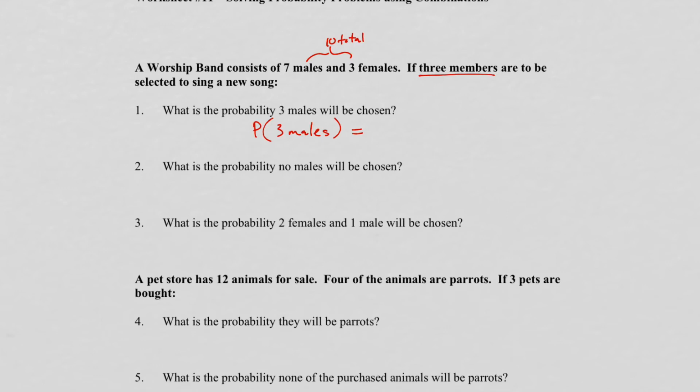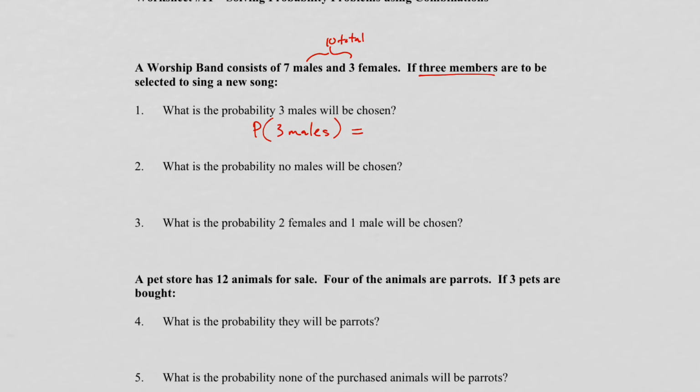So we do have to go back to kind of remember the basics of probability. You put the total at the bottom, and then at the top you put what you're looking for. But this is not the normal probability. We're trying to find out how many from a whole group.